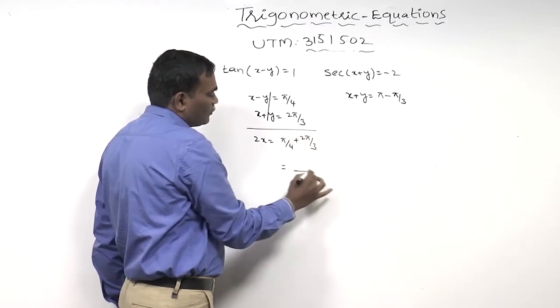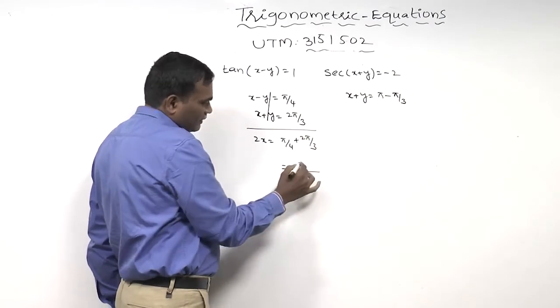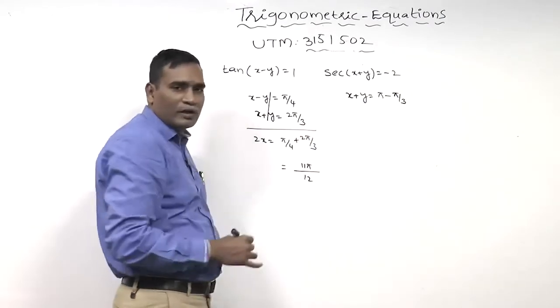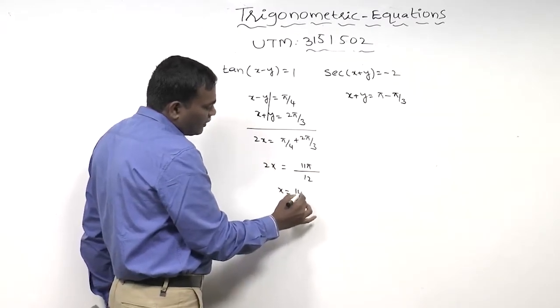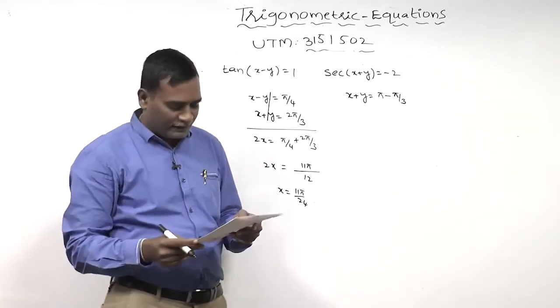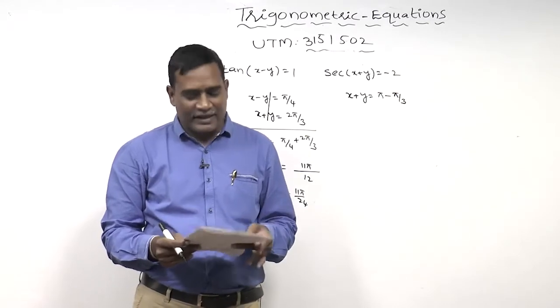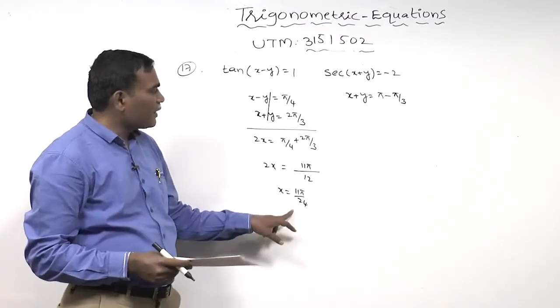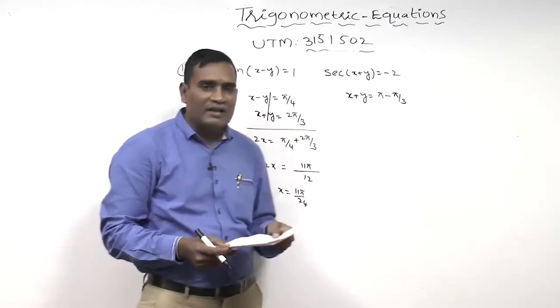LCM is 12: 3 pi plus 8 pi, that is 11 pi by 12. This is 2x, so x is equal to 11 pi by 24. X is equal to 11 pi by 24 is there in which option? First option. If you substitute x is equal to 11 pi by 24 in this, you will get the y value also. That's all. So the first option is correct.